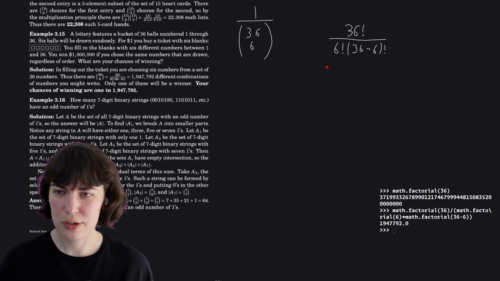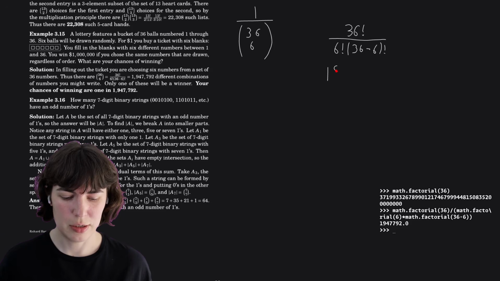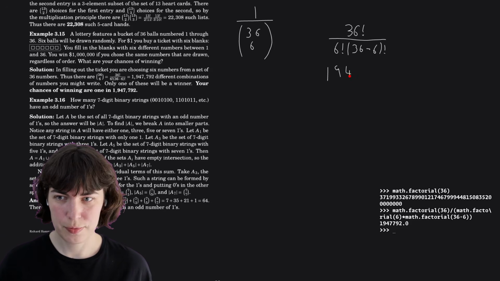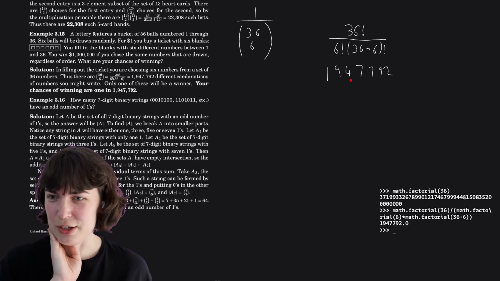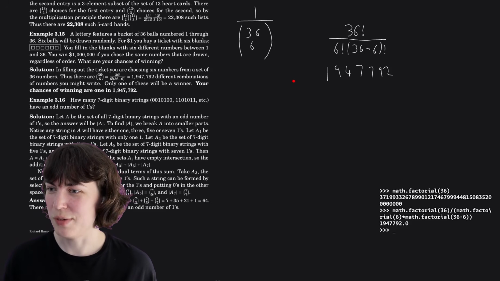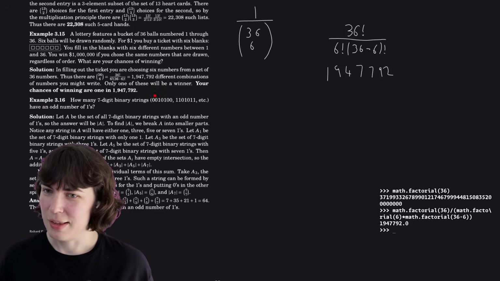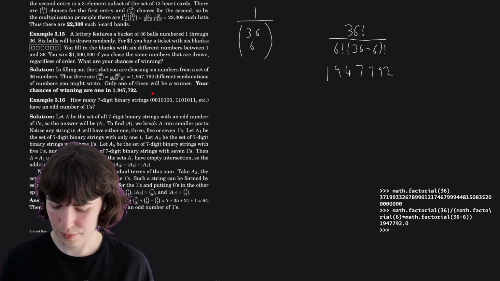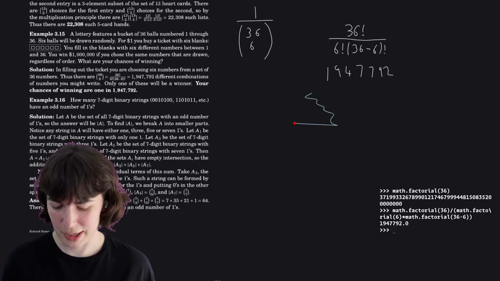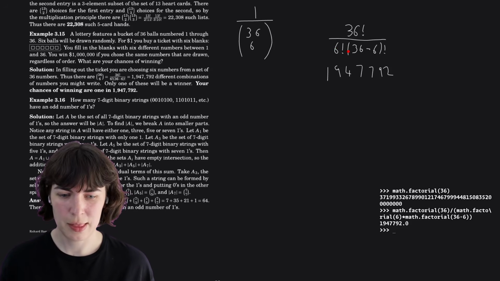Okay, so we've got 1, 9, 4, 7, 7, 9, 2. Which is not 6 digits, because if it was, I would choose that number. Okay, and that is the correct answer. Great. Let's get some color back in here. Okay, good.